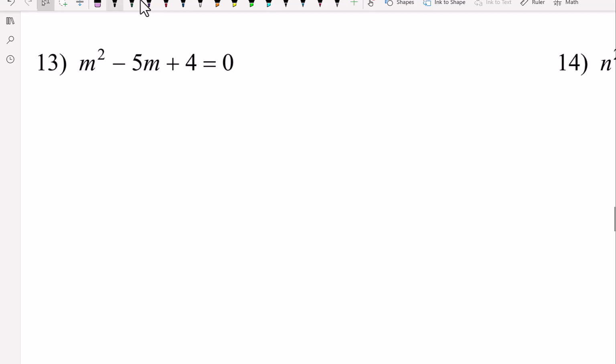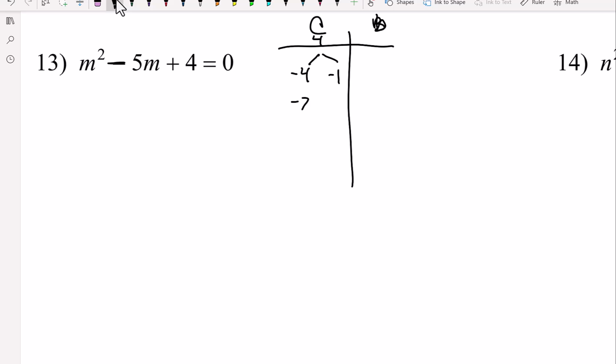So you would have to first factor if it's not already in factored form. Remember that little T chart: factors of C, so in this case 4, that have to add up to B. So factors of 4. This middle term is negative, so negative 4, negative 1, or negative 2, negative 2.